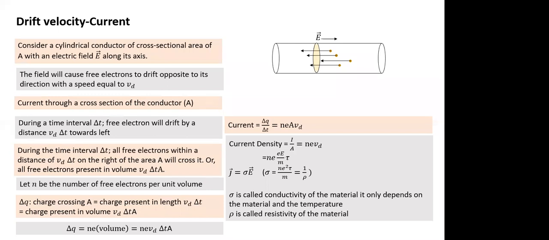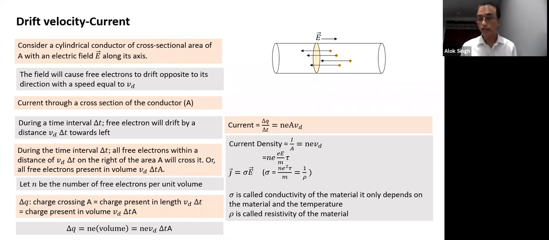If N increases, tau will decrease, right? No, tau depends on the speed at which the electron is moving and the distance between atoms or ions. Tau doesn't depend on how many electrons are present. More free electrons present doesn't mean electrons will be colliding with each other. Electrons are tiny, so we can neglect that.